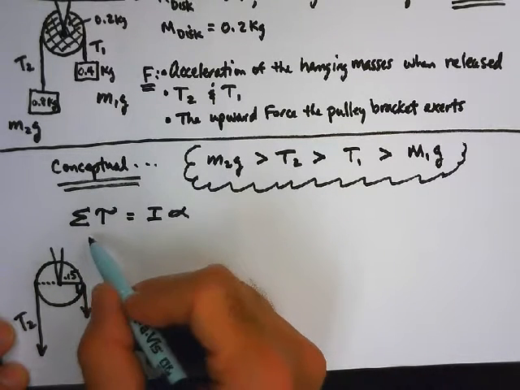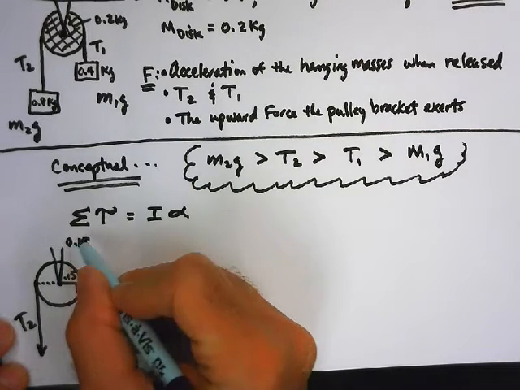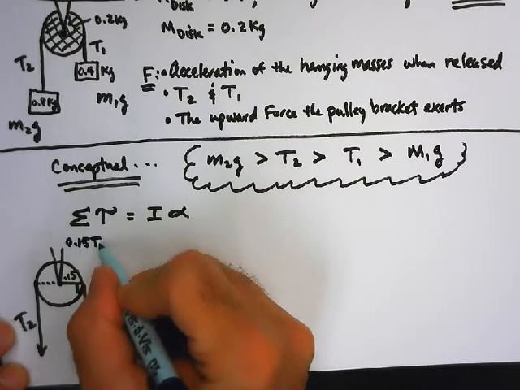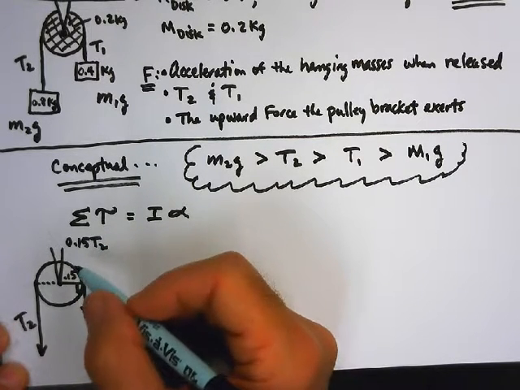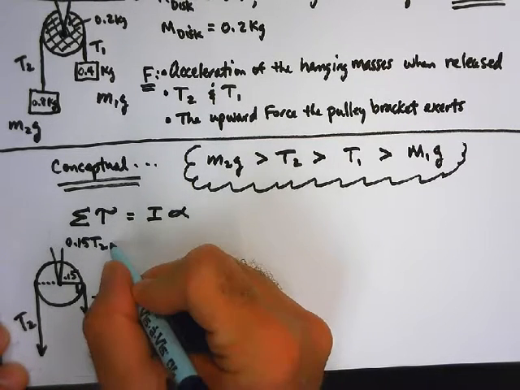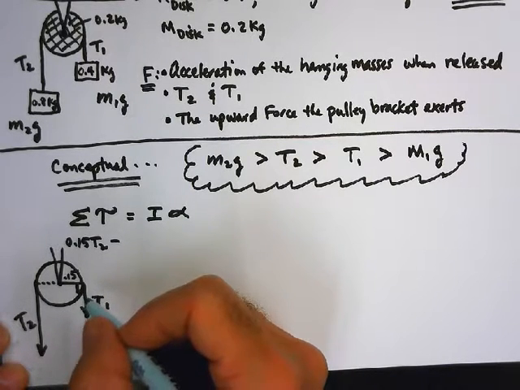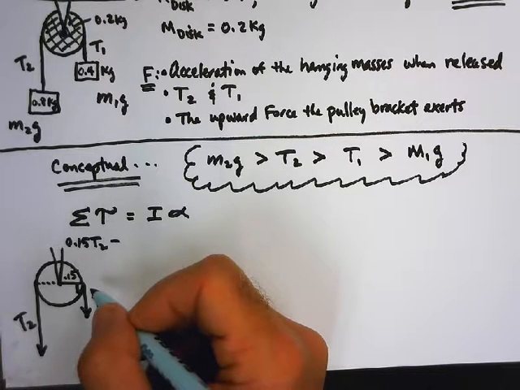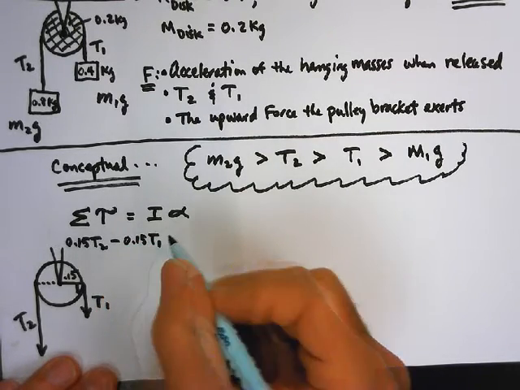Okay, so I can go ahead and substitute in. We have 0.15 for the moment arm times T2, so that's moment arm times force gives me a torque that would cause counterclockwise rotation. Okay, minus the torque that would produce clockwise rotation, which would be 0.15 again times T1.